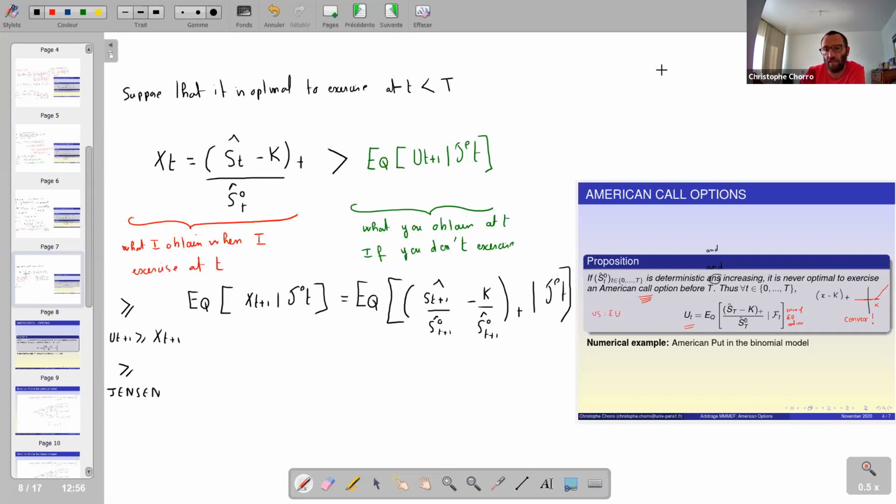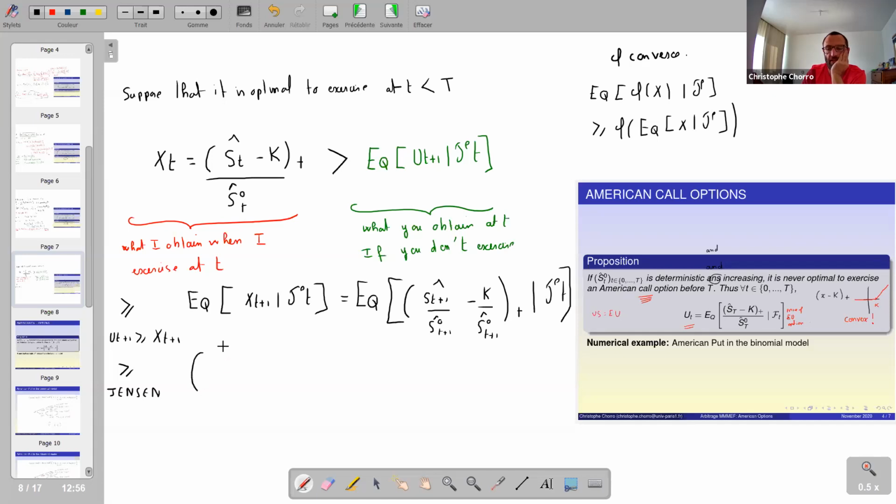It's Jensen inequality that tells you that if phi is convex, you can write it this way: the conditional expectation under Q of phi of x given something is greater than phi of the conditional expectation under Q of x given f. It's the Jensen inequality for conditional expectation, or for expectation simply. So I obtain this by applying it to the mapping phi given by the payoff.